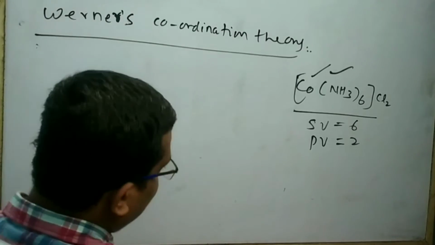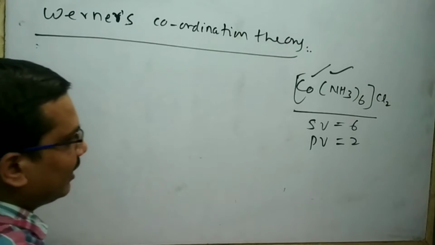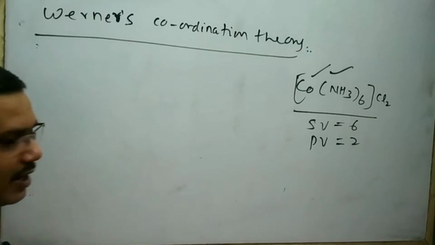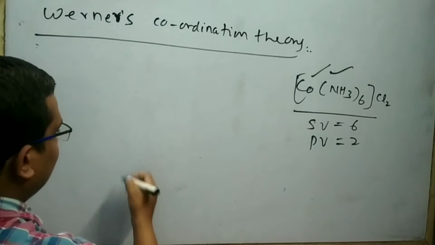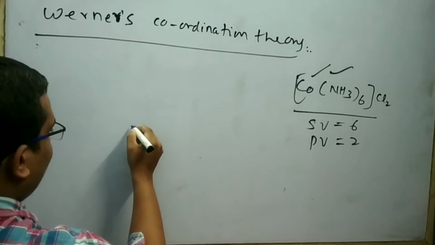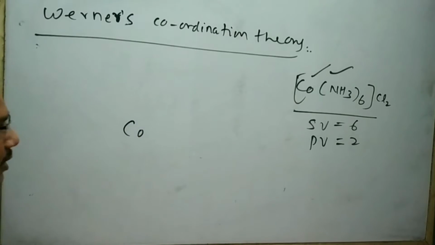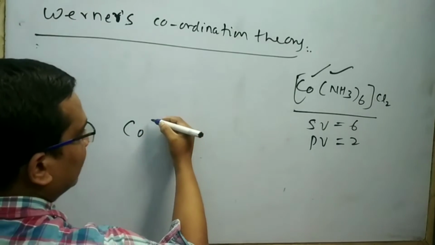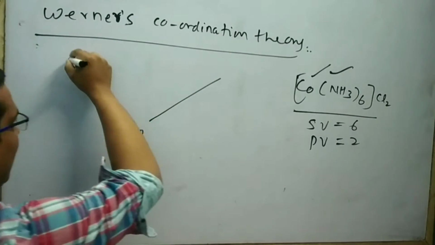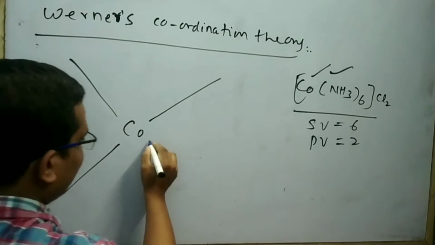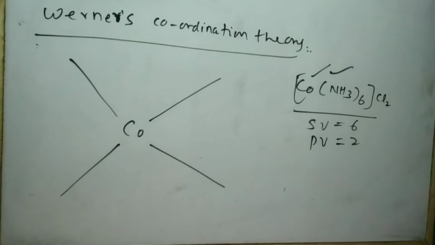We know that the secondary valencies are directed in a particular direction in space. So now I will write cobalt here, and the 6 secondary valencies are directed in such a way that they make a geometry.